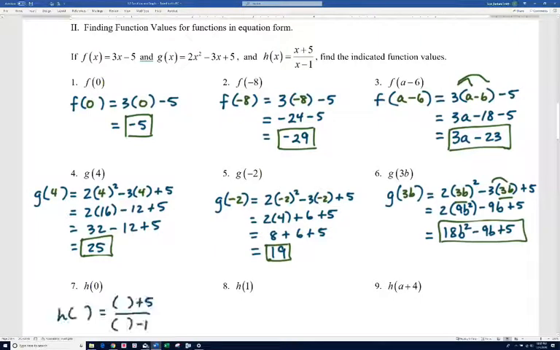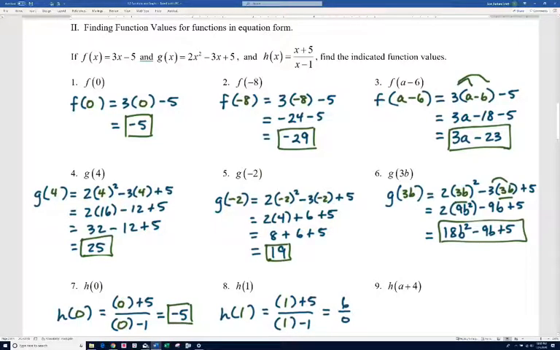Number 7, if you make a shell and then plug in 0, notice 0 plus 5, that's just 5, and 0 minus 1 is negative 1. You're just going to end up with 5 over negative 1, which is negative 5. On number 8, you should have plugged in 1. You're going to end up with 6 over 0. But 6 over 0, that's undefined.